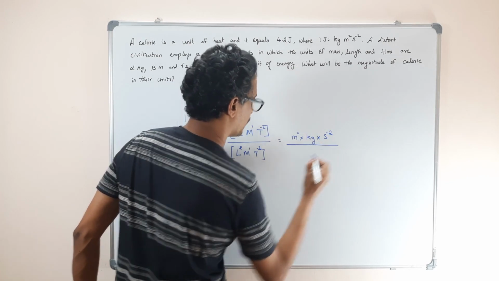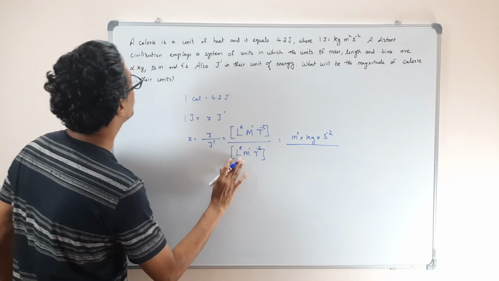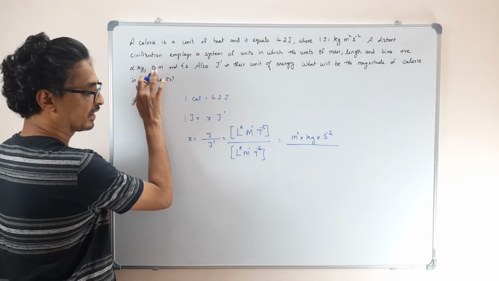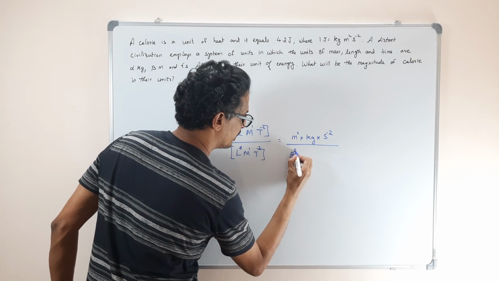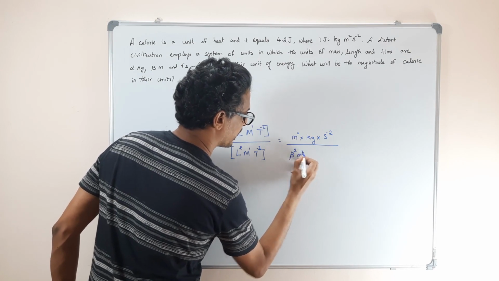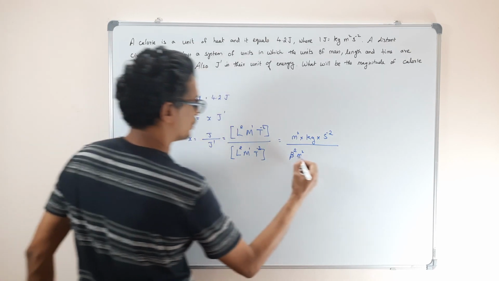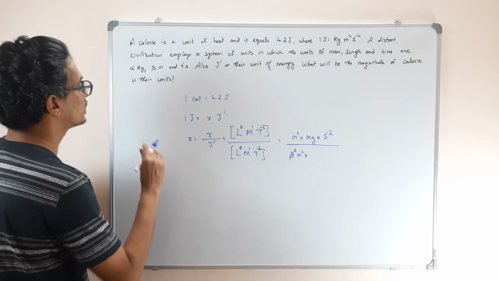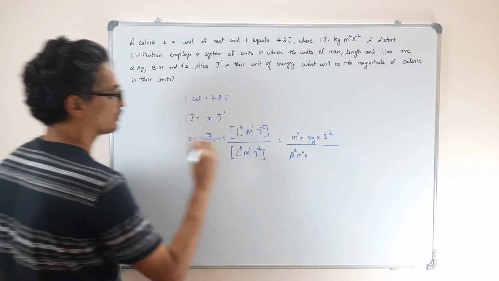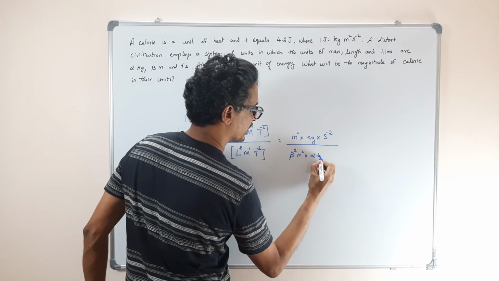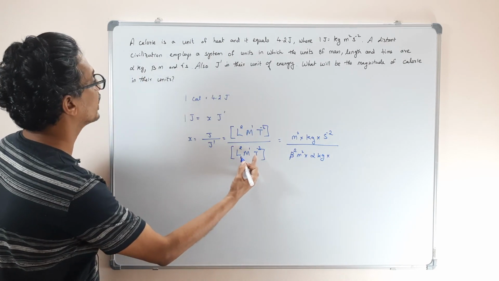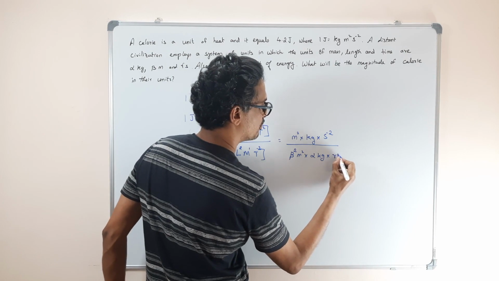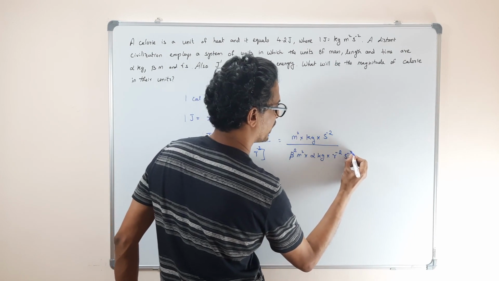Similarly for them, length is beta square meter square, mass is alpha kg, and time is gamma power minus 2, second power minus 2.